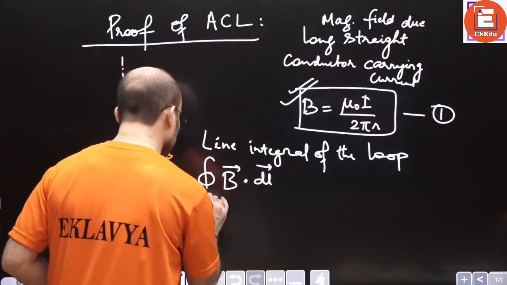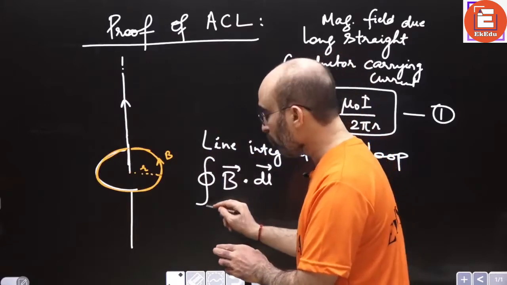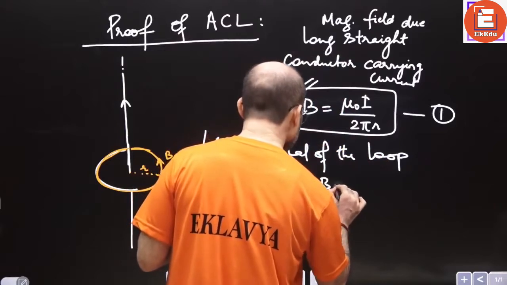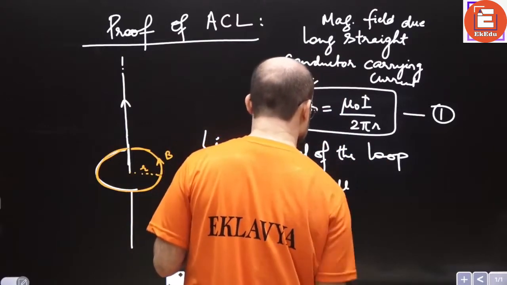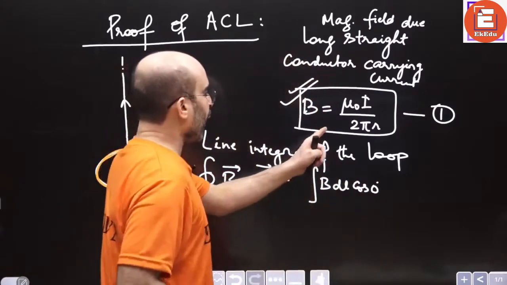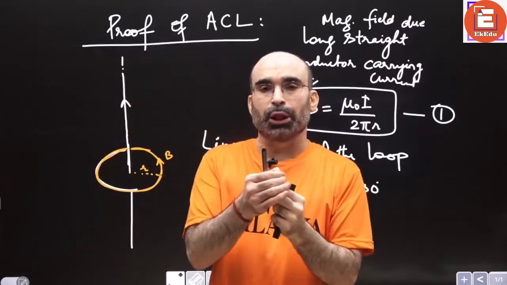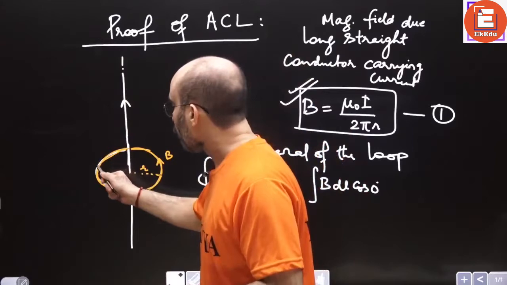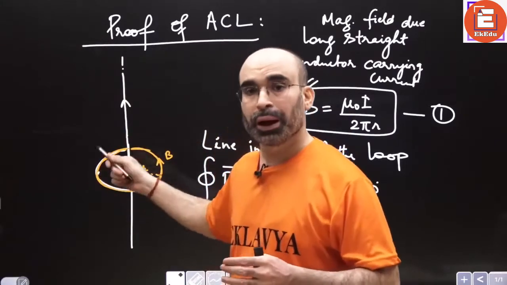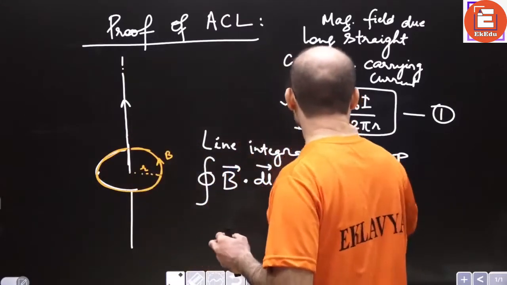For the entire closed loop, this can be written as B dl cos 0 degree. One thing here is also very important: if we take this loop, at every point on the loop the magnetic field will be constant.